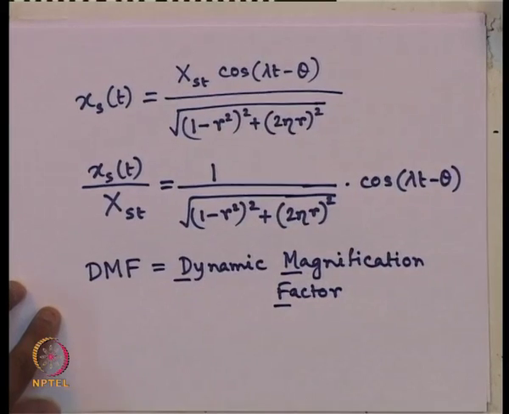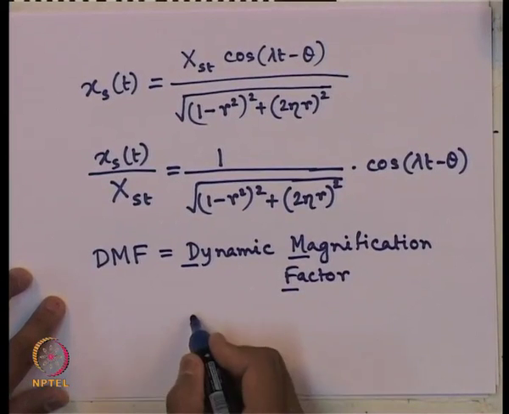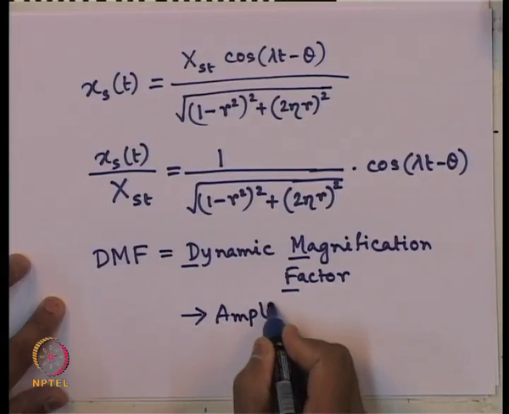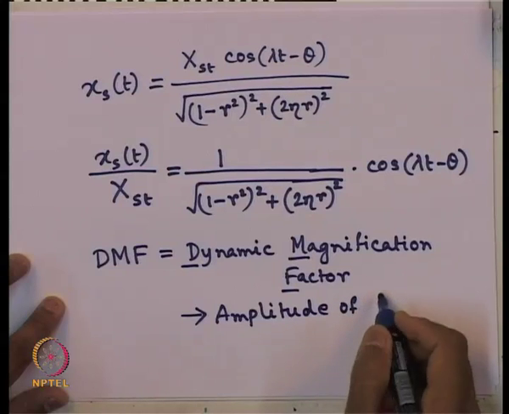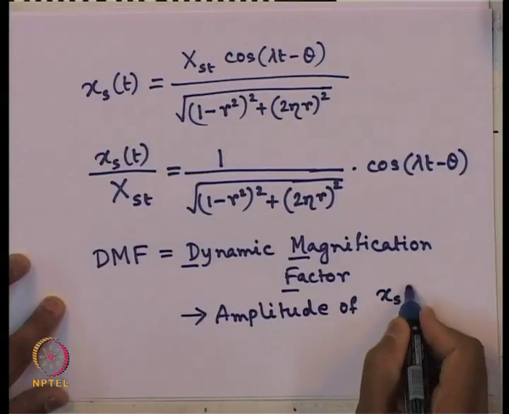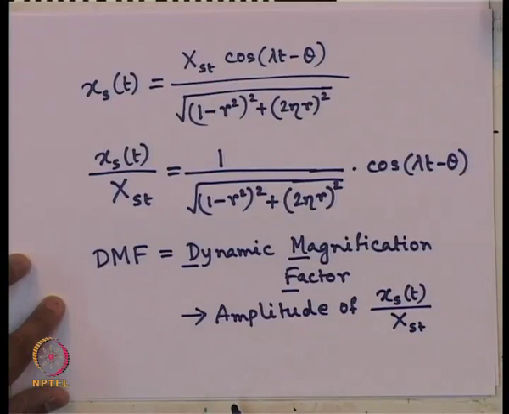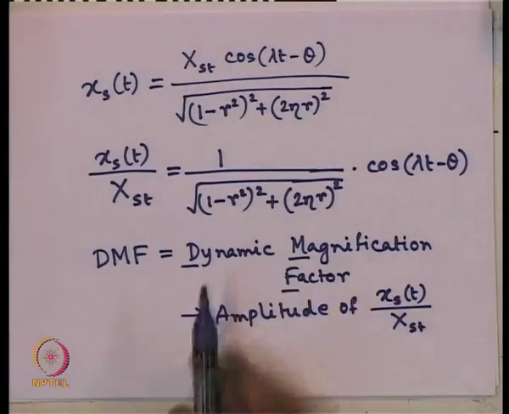So, what is the definition of dynamic magnification factor? It is the amplitude of this ratio of steady state displacement to the static displacement, that is defined as dynamic magnification factor. So, what is the expression for dynamic magnification factor? This one. So, let us write that.